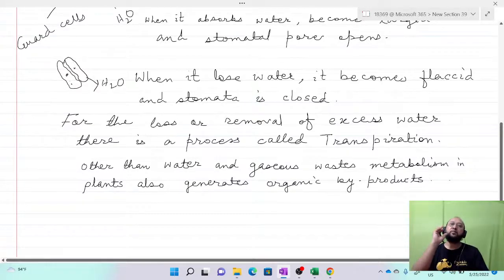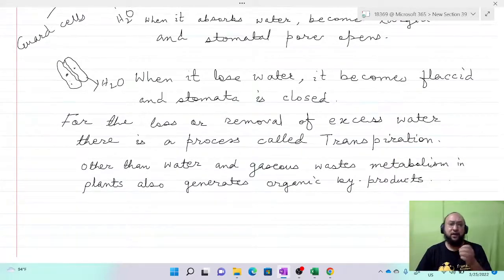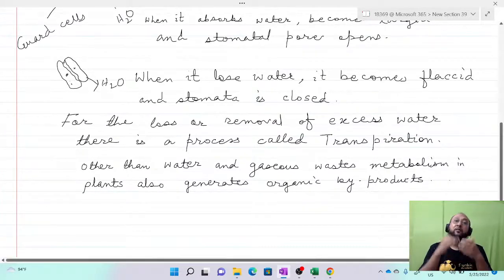Now, what do you mean by organic byproducts? It means other substances, other solid substances. Apart from the gaseous waste and water, there are some other waste materials, organic substances, which may be solid.